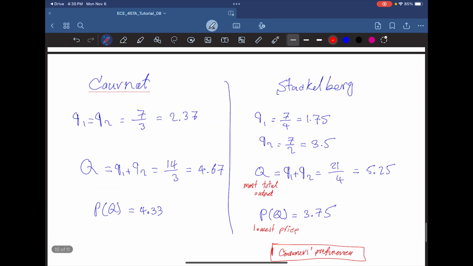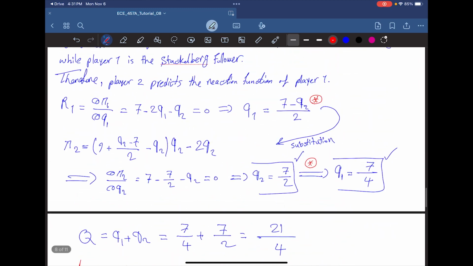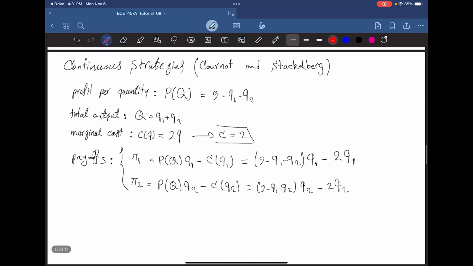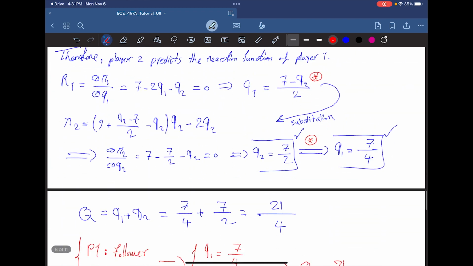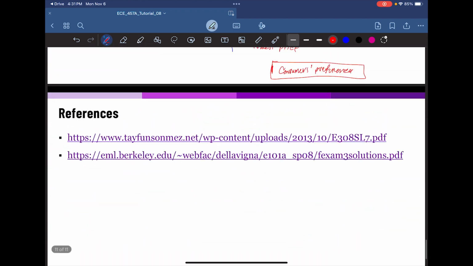All right. Now let's move on to the last example. Continuous strategies, Bertrand.